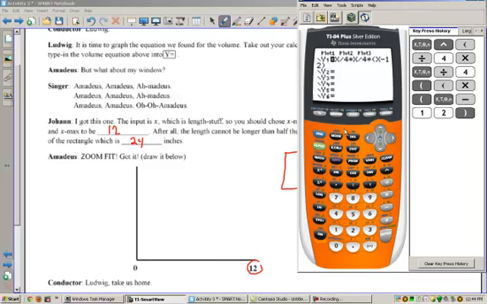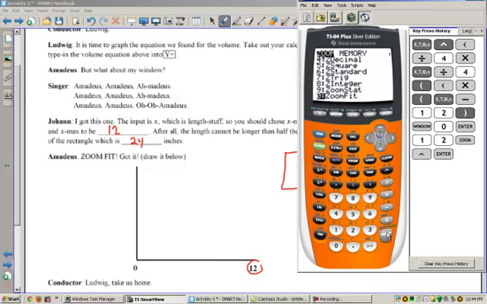Go to your window, 0 to 12, go to zoom fit, and since it's a maximum, it should come up and then come down.